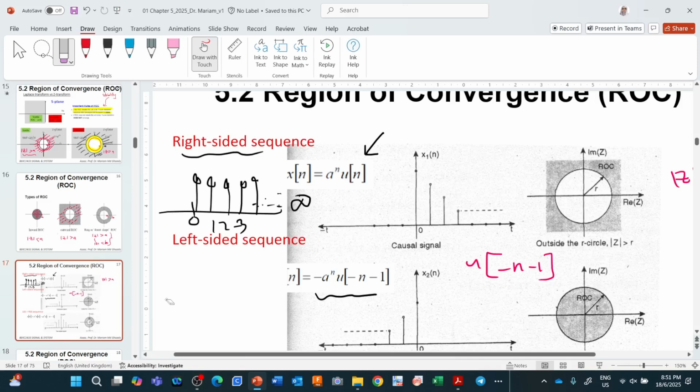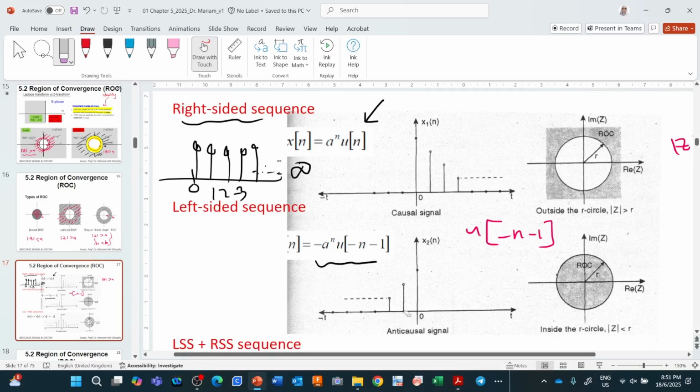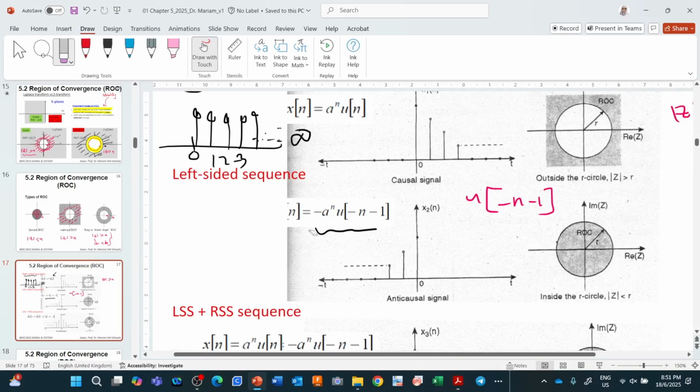We call this a right-sided sequence. For a right-sided sequence, most of the time we have Z more than A, the value. Another equation is the left-sided sequence.